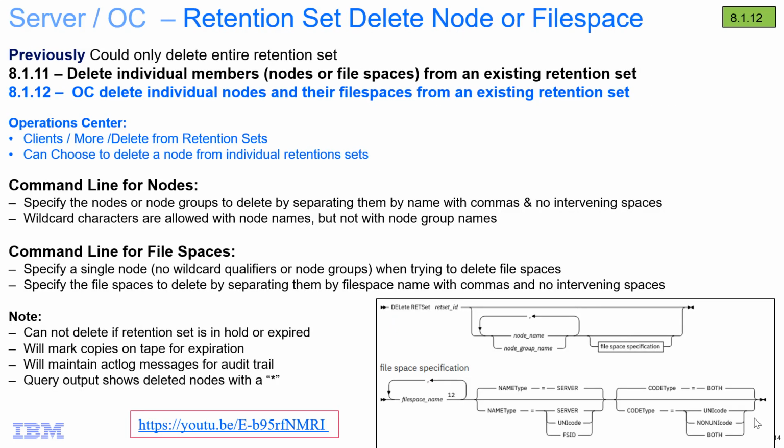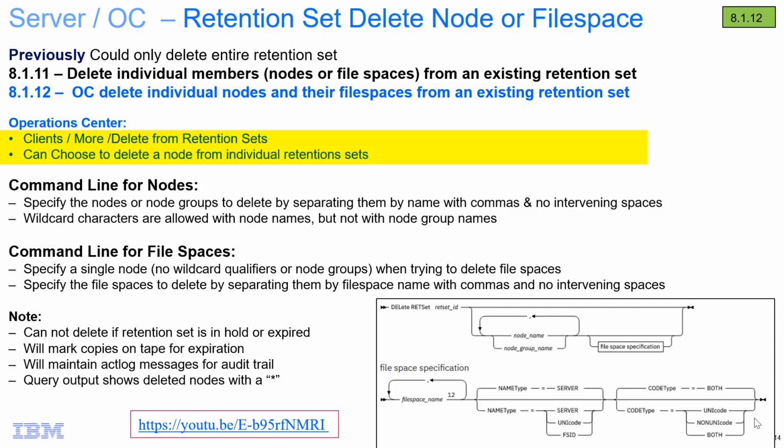The next new feature is in our Operations Center. Previously, when you created a retention set, you could only delete off the entire retention set. And then in 8.1.11, we introduced the command line to delete off individual members, either nodes or file spaces, from an existing retention set. And in this version, we're adding that functionality to the Operations Center as well.